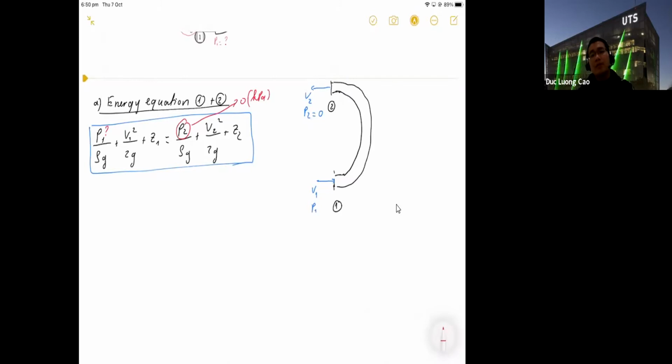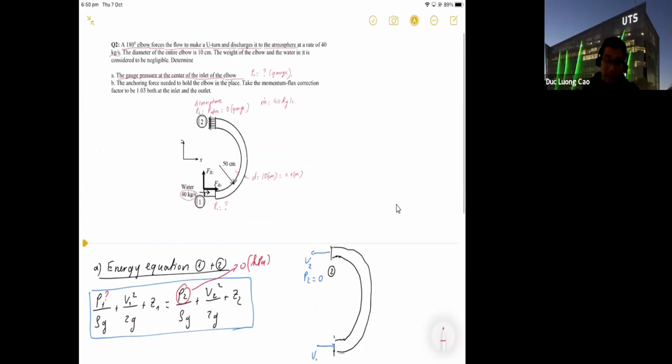How do we find V1 and V2? Using the mass flow rate, yes.